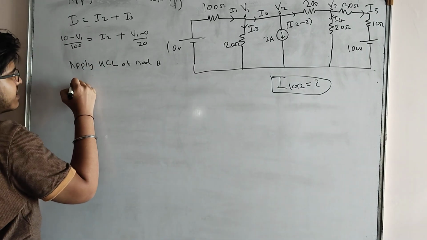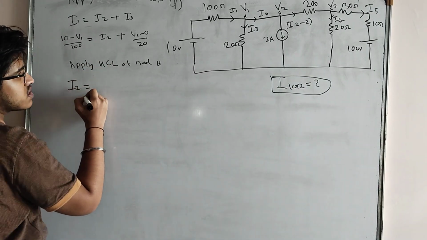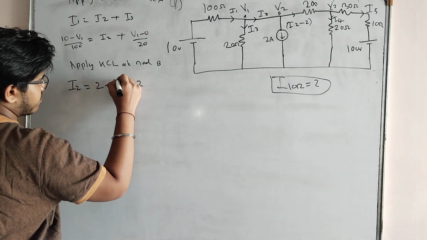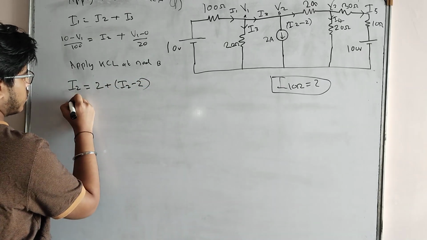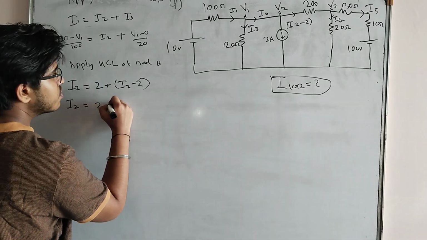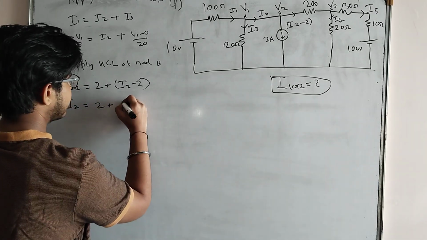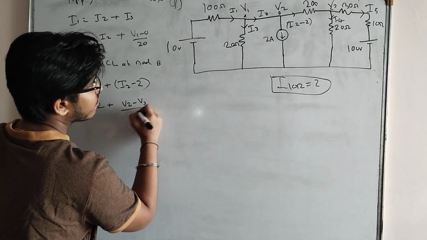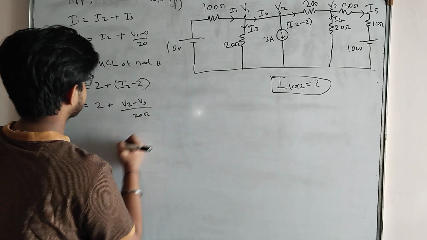So again I will write I2 is equal to 2 plus (V2 minus V3) whole divided by 20 ohm.